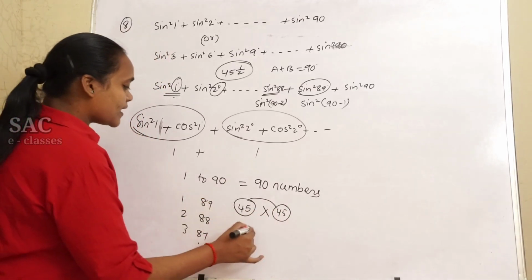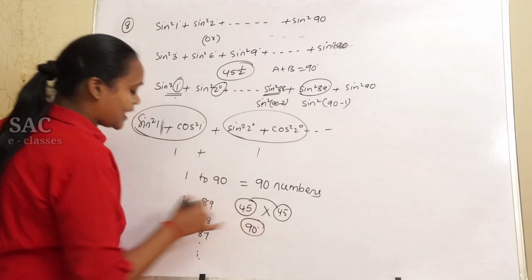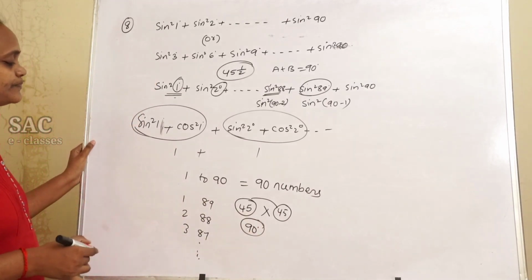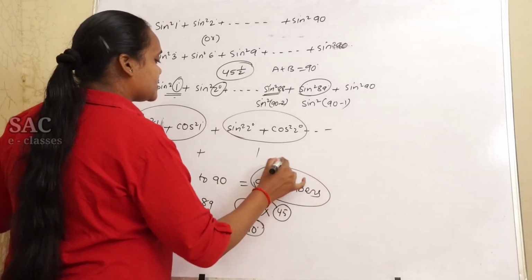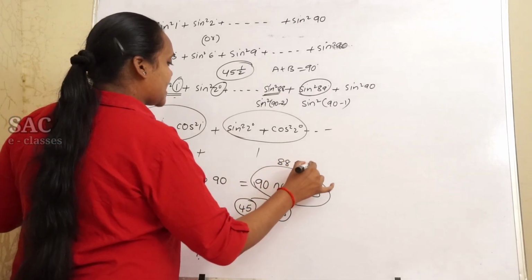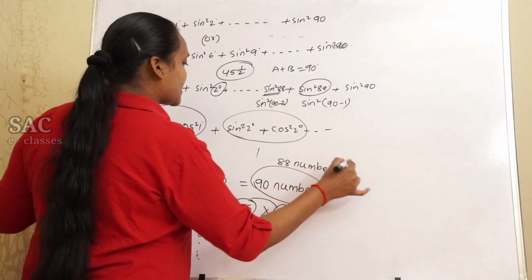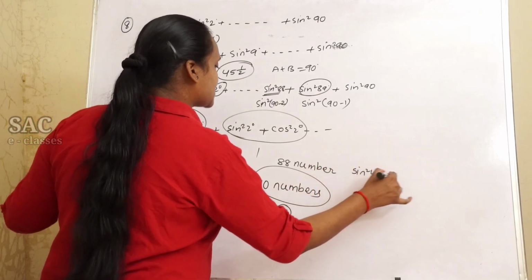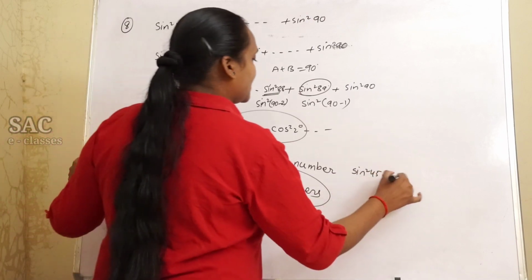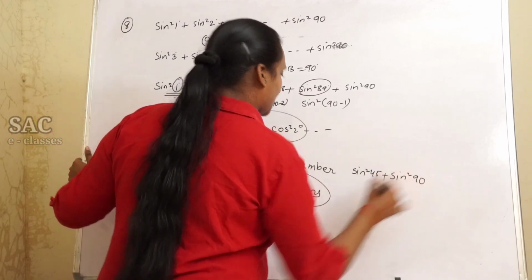And one more, 90 is also not having a complementary value. That means out of 90 numbers, 88 numbers can be paired up. But the rest of the two, that is sine square 45 degrees and sine square 90 degrees, cannot be paired.